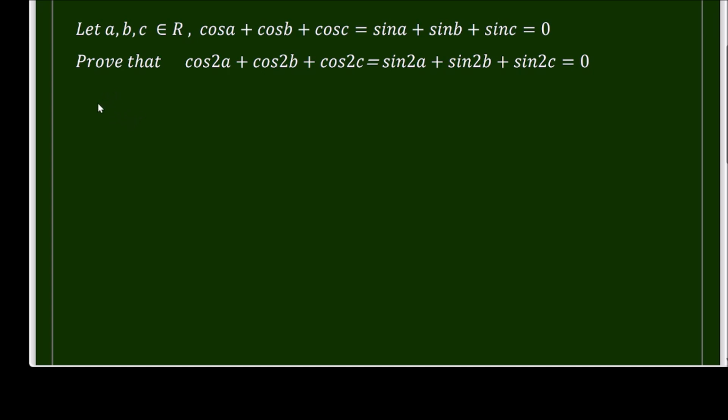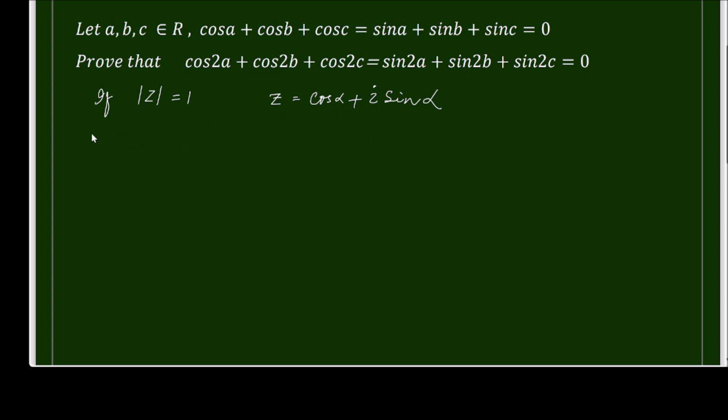So let us recall De Moivre's formula. If Z is a complex number and its modulus is 1, Z is equal to cos alpha plus i times sine alpha. The first one is the real part and the second, sine alpha, is the imaginary part.